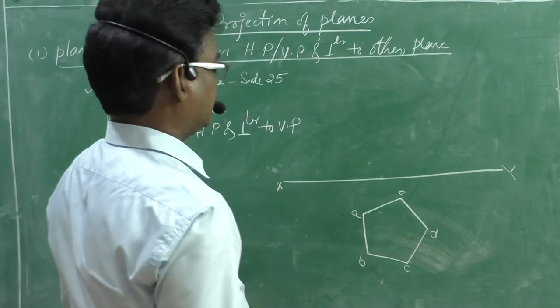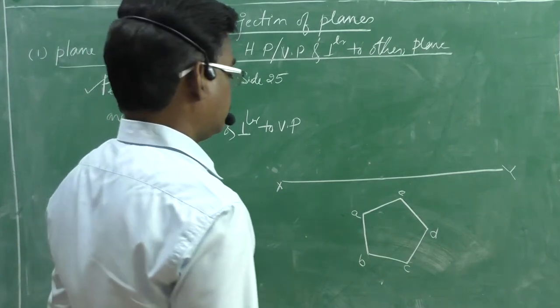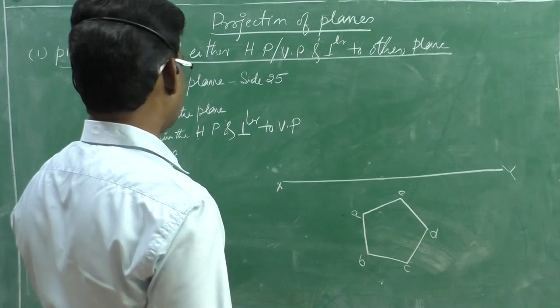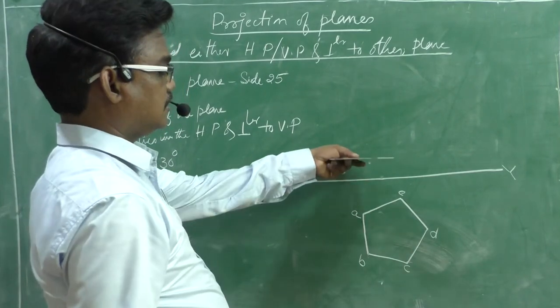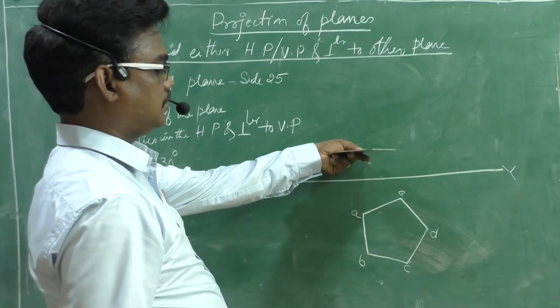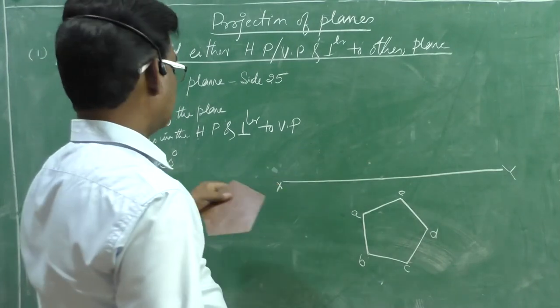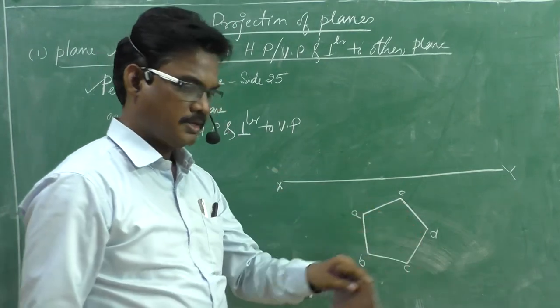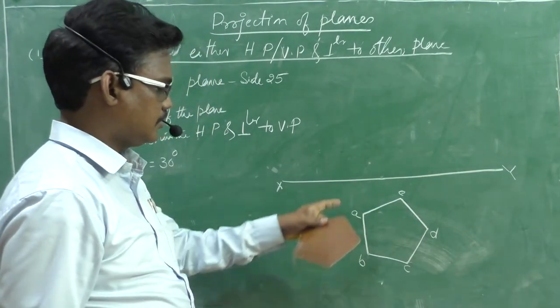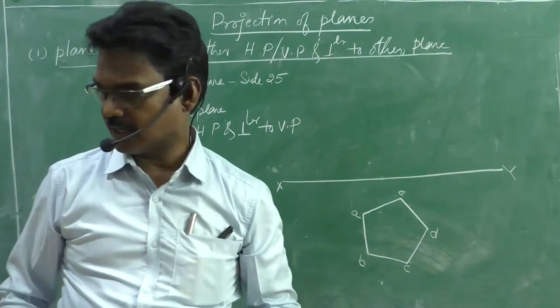Now we go for the front view. Suppose it is parallel to HP, the front view will be above the reference line, but it lies in the HP. When it lies in the horizontal plane, the front view coincides with the reference line.